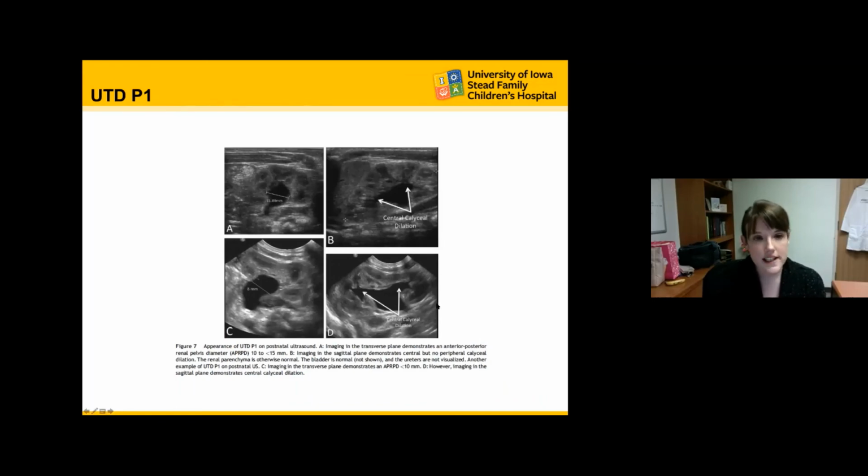This would be considered UTD P1, renal pelvis dilation here, some central calyceal dilatation, but really not dilation extending out into the peripheral calyces. And it doesn't matter here that the anterior posterior diameter is less than a centimeter, because you have this central calyceal dilatation. It elevates it to a P1.